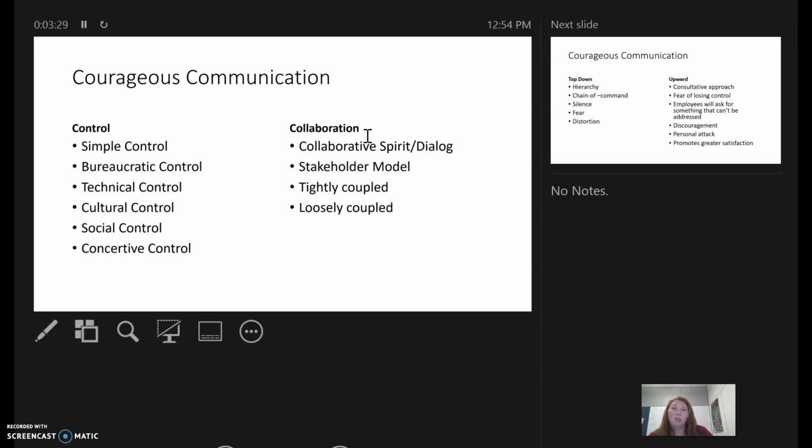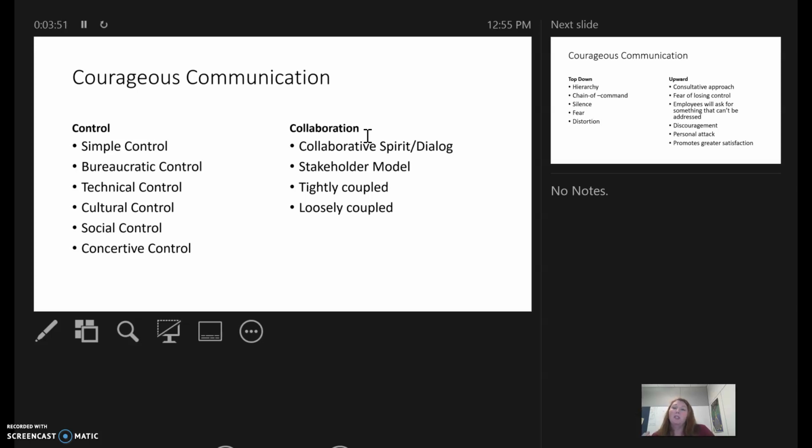Social control is being controlled by social relationships, and then conservative control is coercive control, where people sometimes bribe, or get you to move in a direction that maybe you don't want to, but you do so anyway, maybe to maintain the relationship or the culture of the organization.